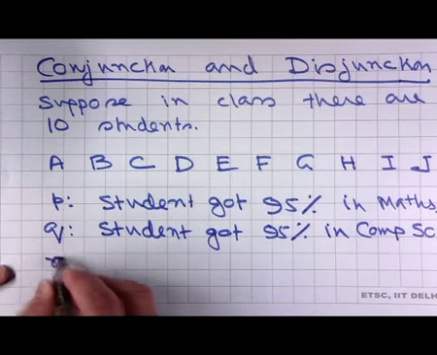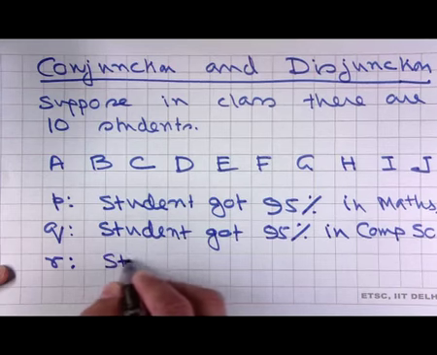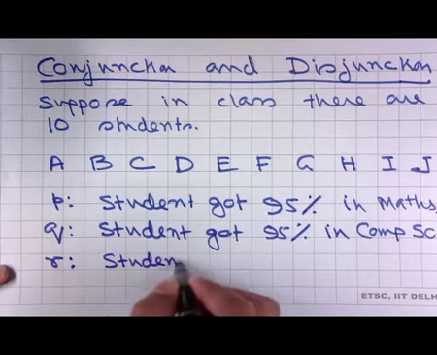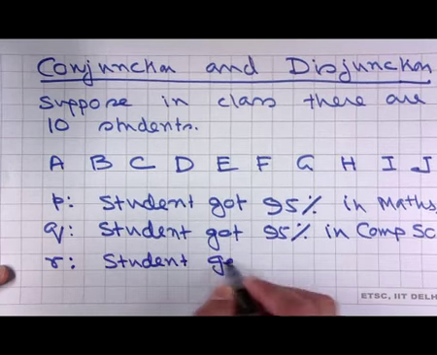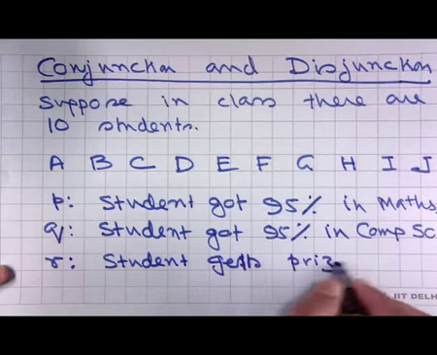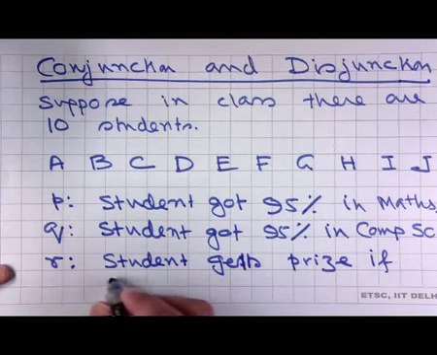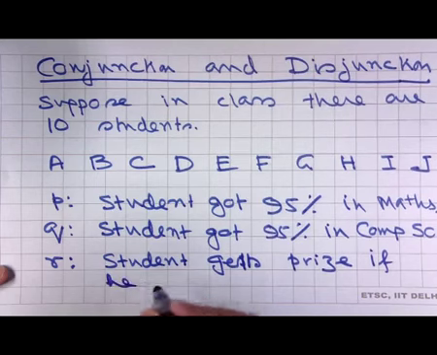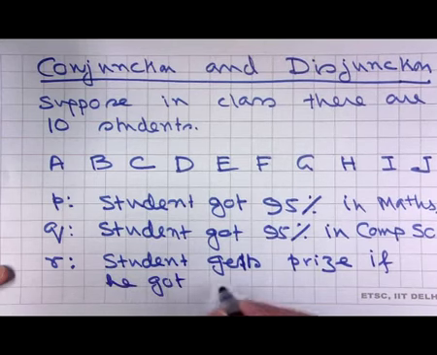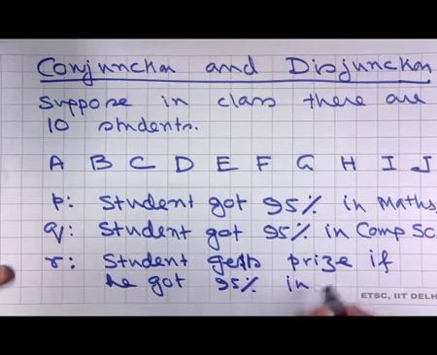And R is a statement, student gets prize if he got 95% in both the subjects.